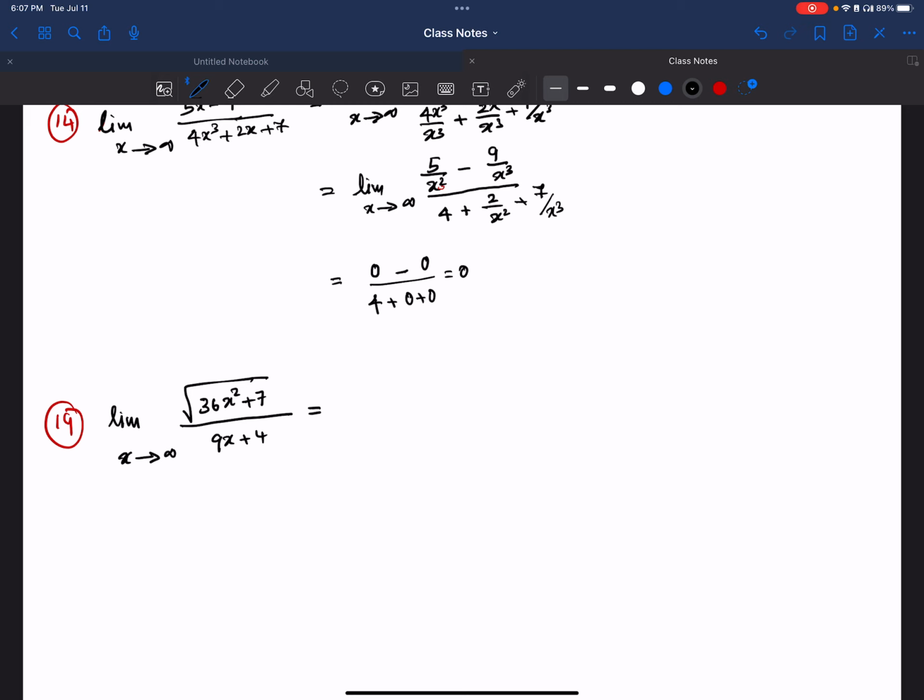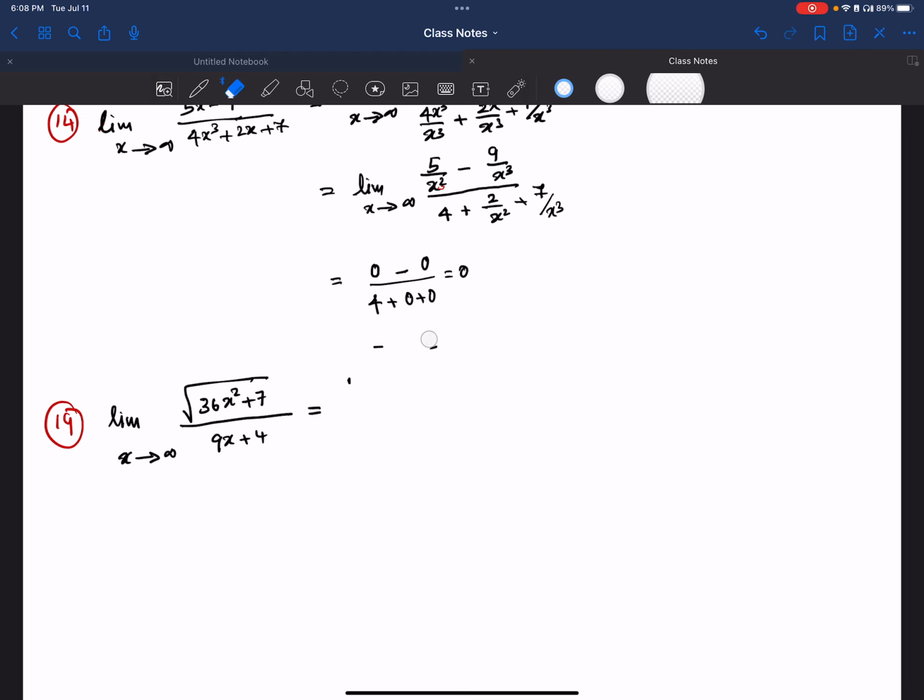So what we're going to do is divide everything by x, because that's the highest order of x in the denominator. Okay, so let's divide this by x.